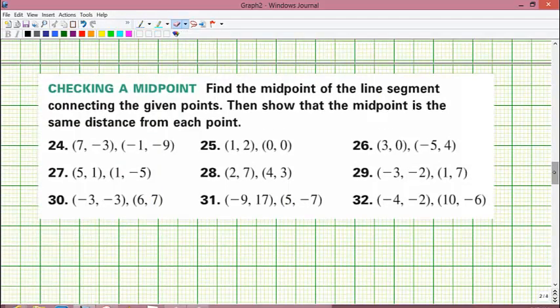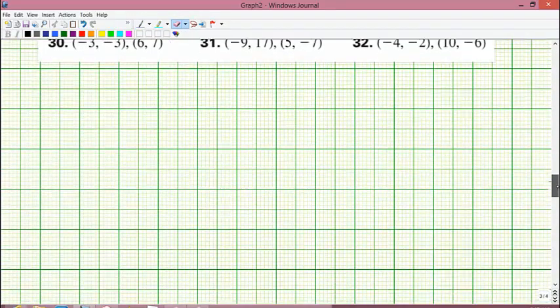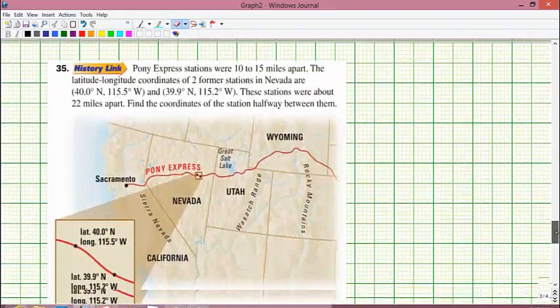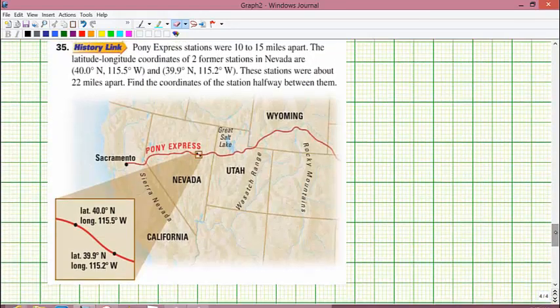Excellent. Okay, let's finish off with some word problems. I've got some here. So, question 35. Now, don't be put off by the fact that this has coordinates, that your values there have units. Just think of these as x and y. The horizontal distance, which would be x, that's the longitude.